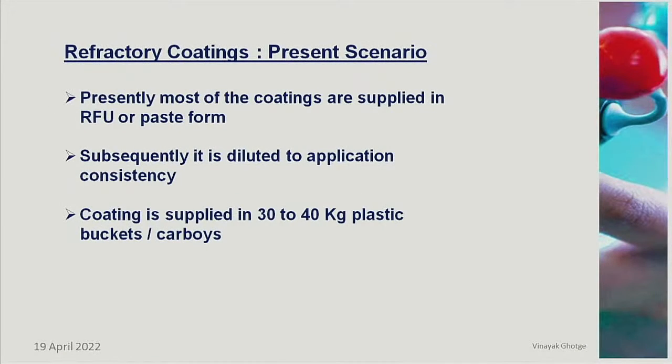So the present scenario in refractory coatings is most of the coating suppliers supply coating either in ready for use form or in paste form. Then subsequently on the shop floor, these coatings are diluted to the required application consistency for dipping or for flooding.